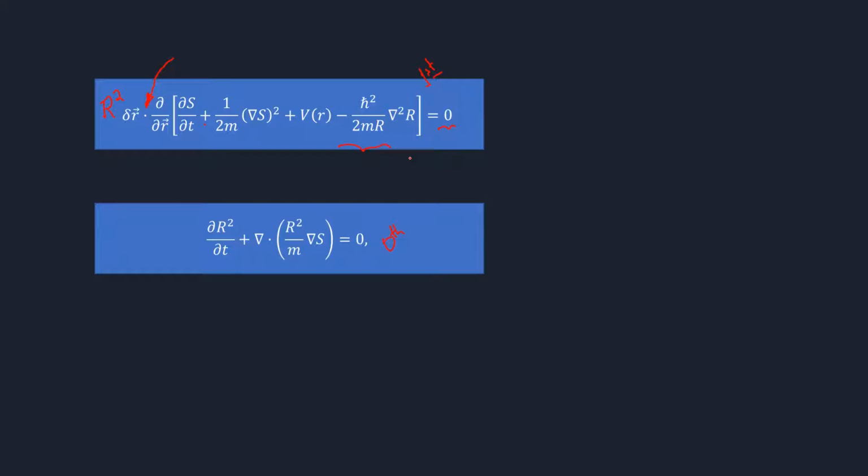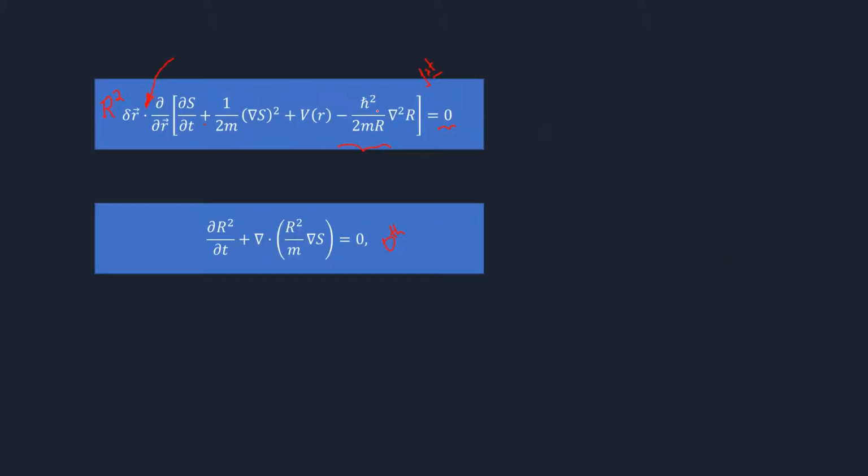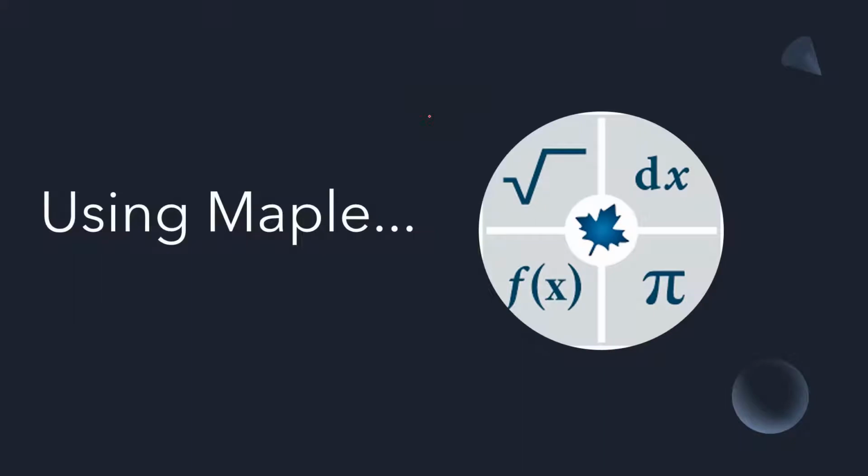If we get this equation, then this equation will be equivalent to the Schrödinger equation. Of course, these calculations are very hard to do. So we will, for the moment, change to an algebraic computation program to make them, because otherwise it will be long and difficult to get.